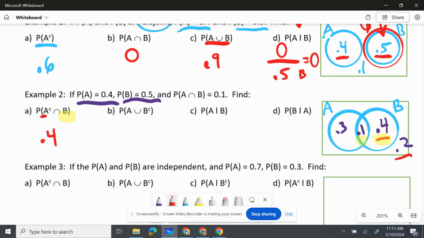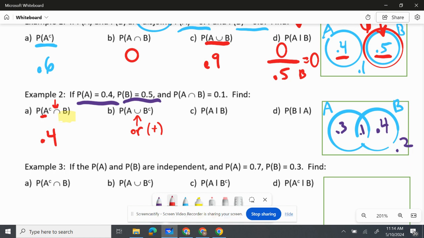Now, once again, this symbol right here means and, or where they intersect. This symbol right here means or, what they have all together, and we're going to be adding those probabilities. So looking at the next one, we're going to clear out the marks and do this again.